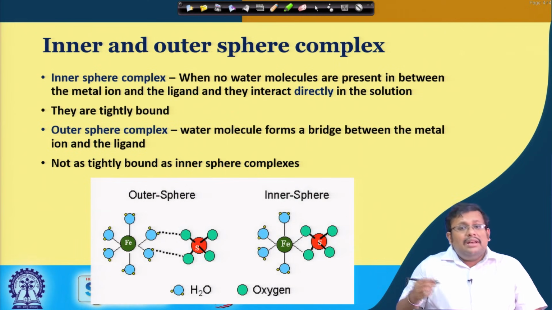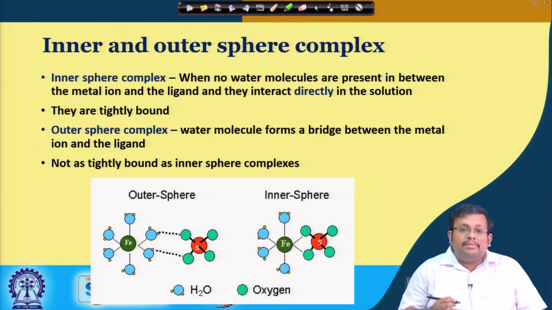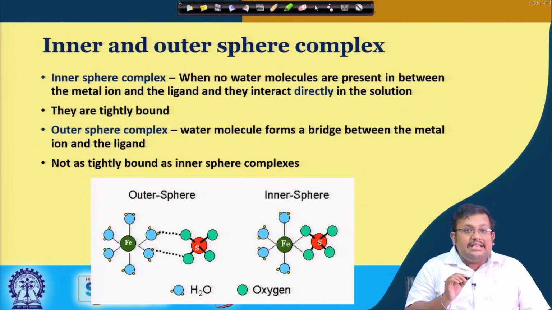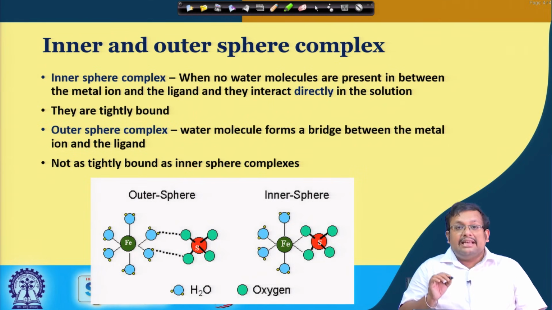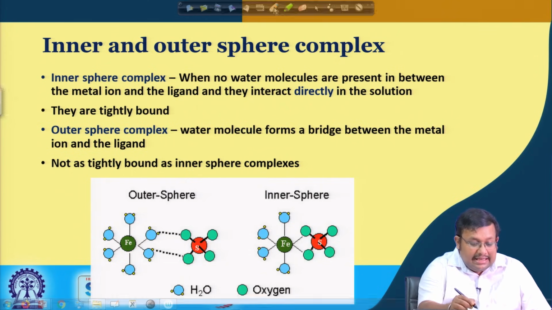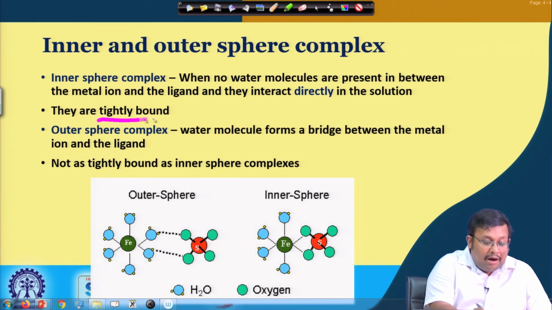So, let us talk about the inner and outer sphere complex. Now, inner sphere complex is basically when no water molecules are present in between the metal ion and the ligand, and they interact directly in the solution. As we can see here, they are also tightly bound.